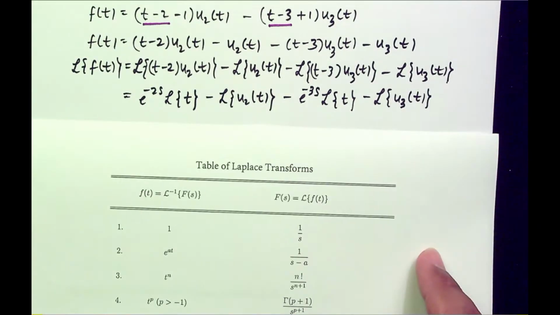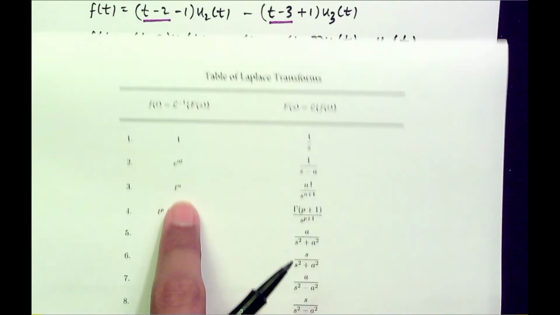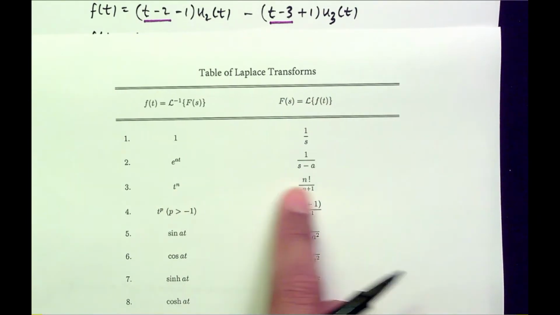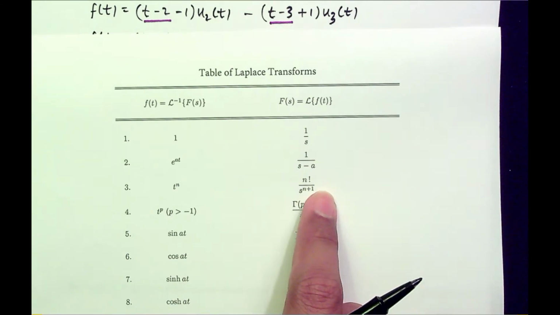Okay. And now we look these up in the table of Laplace transforms. So the Laplace transform of t, right here, it is t to the n with n equals 1. So if this is the function, this is the Laplace transform. With n equals 1, this is 1 factorial over s squared, which is 1 over s squared.